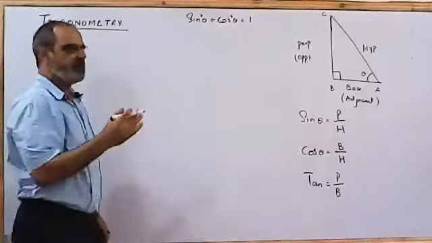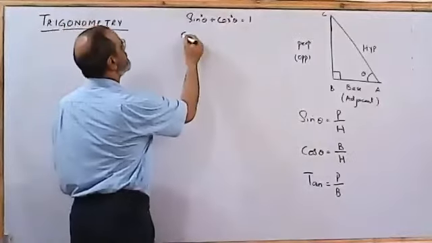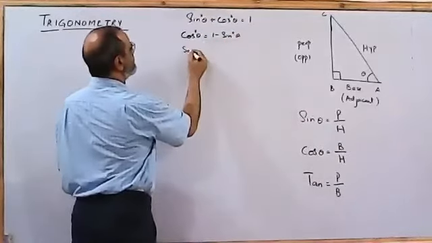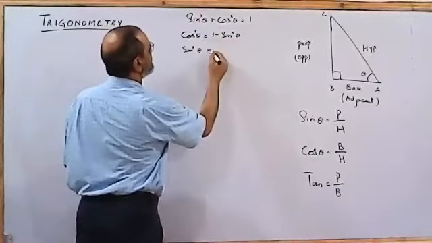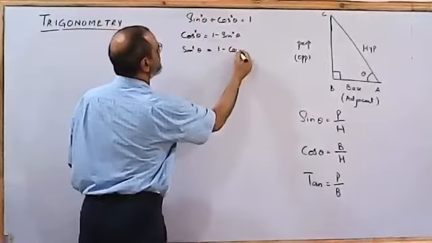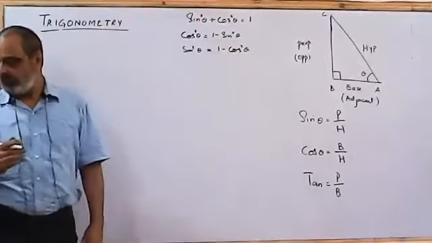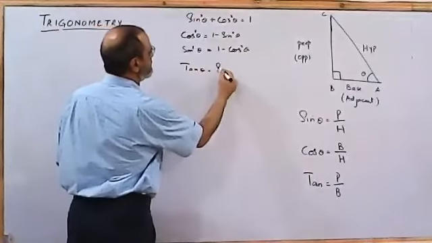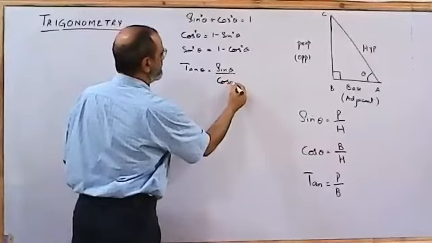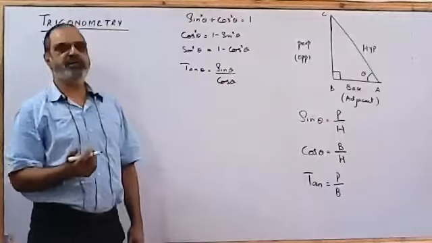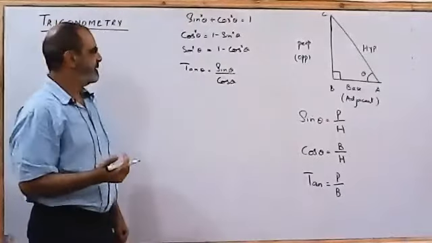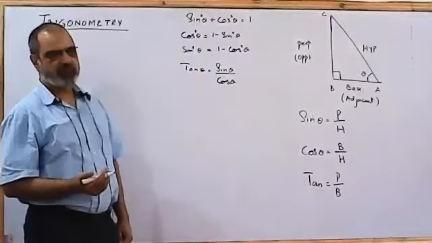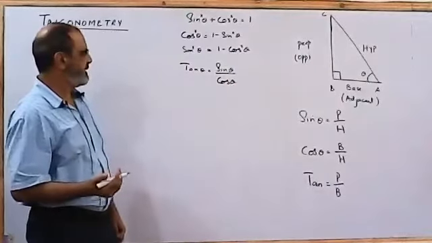And reshuffling the terms in this formula, we also used cos square theta is equal to 1 minus sin square theta, or sin square theta is equal to 1 minus cos square theta, and tan theta is equal to sin theta over cos theta. So these are the formulas or identities which we used in AS.